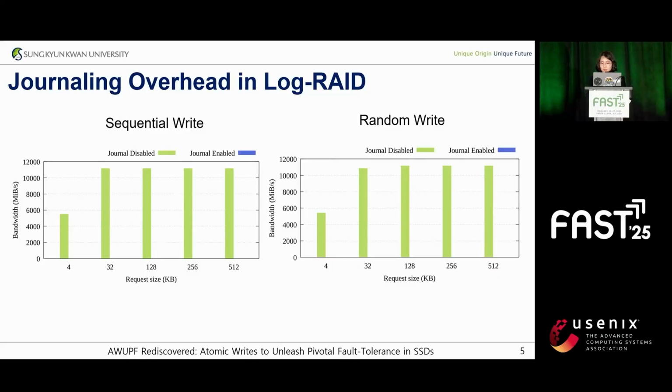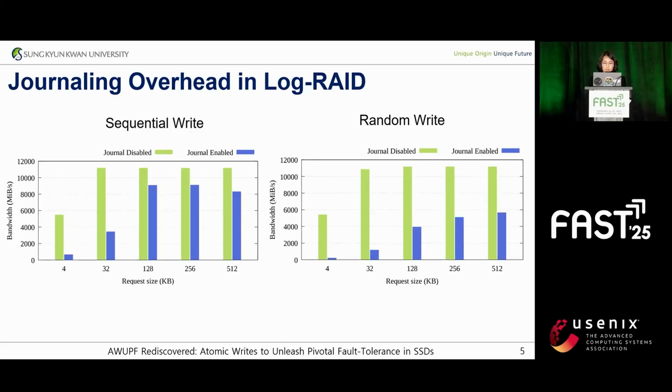However, journaling introduces a significant performance overhead. When journaling is disabled, metadata updates are handled in memory and only periodically flushed to storage. In this case, the performance difference between sequential and random writes remains minimal thanks to the log-structured append-only write scheme.